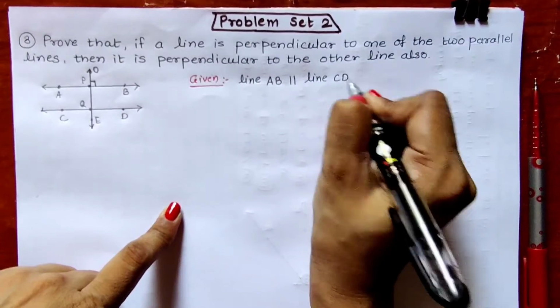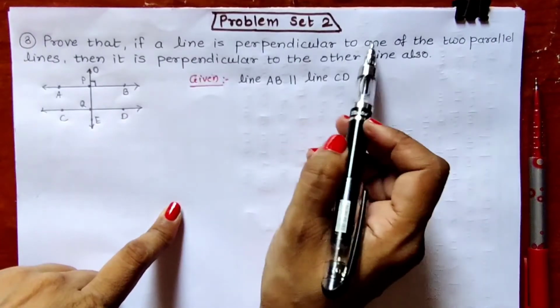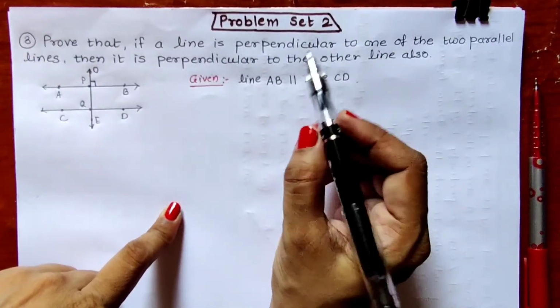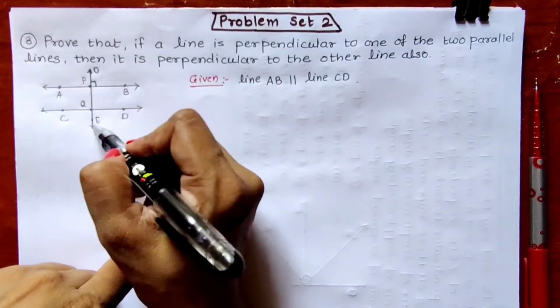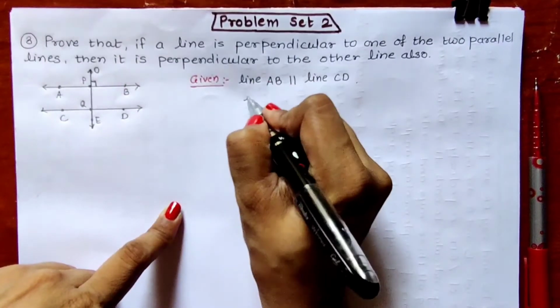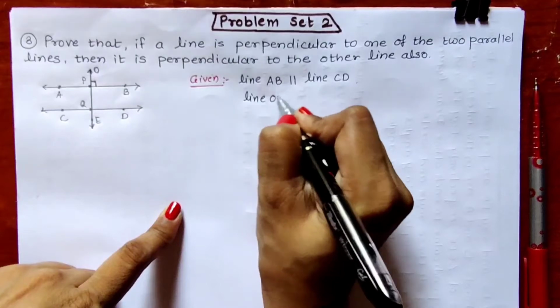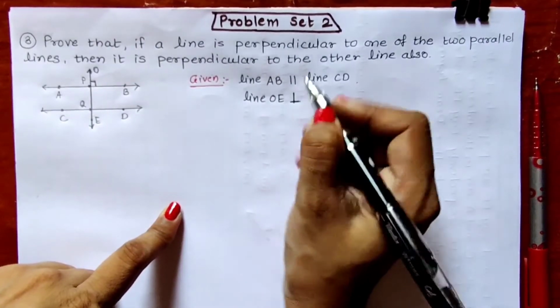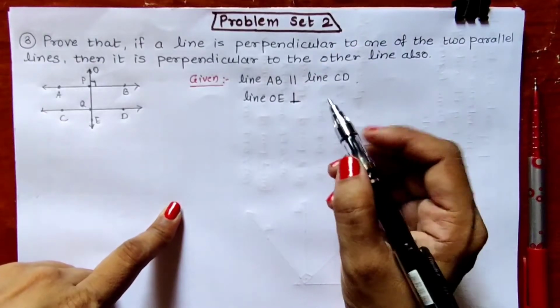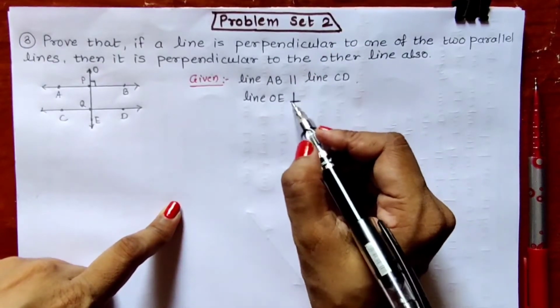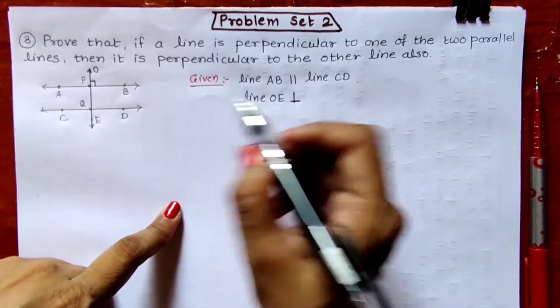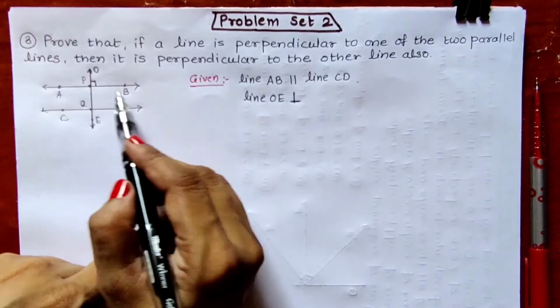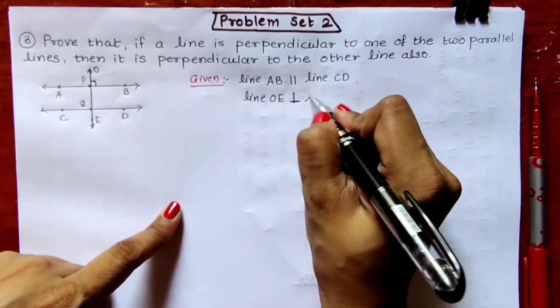This is given to us. And a line is perpendicular to one of the parallel lines. So this line OE, full line, is perpendicular. The perpendicular sign is this inverted T. Okay. So this is the symbol for perpendicular. So this line OE is perpendicular to line AB.